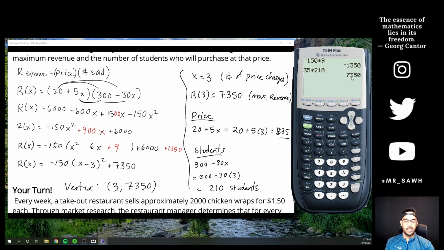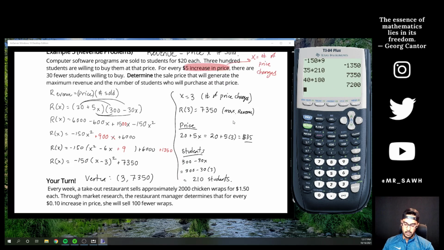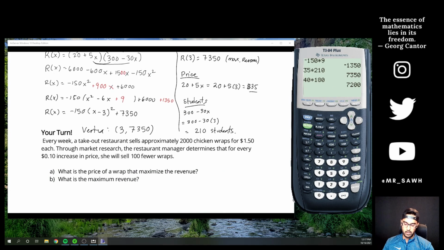You'll get your 7,350. If you do the next one, well, that means the new price is $40, but you're only going to sell it to 180 people. You can see the revenue starts to drop again. Okay, so there is the maximum of $7,350.